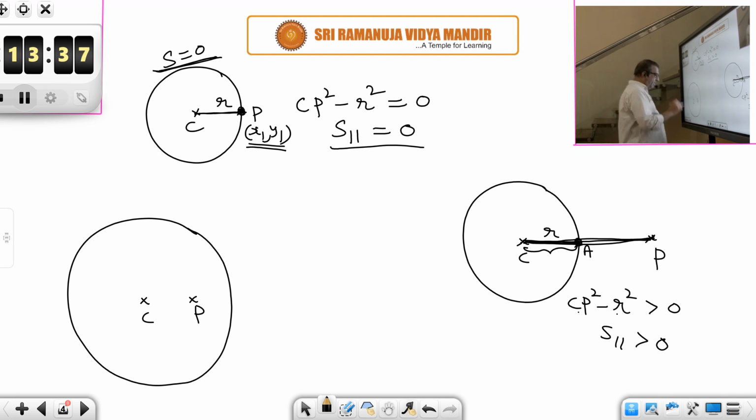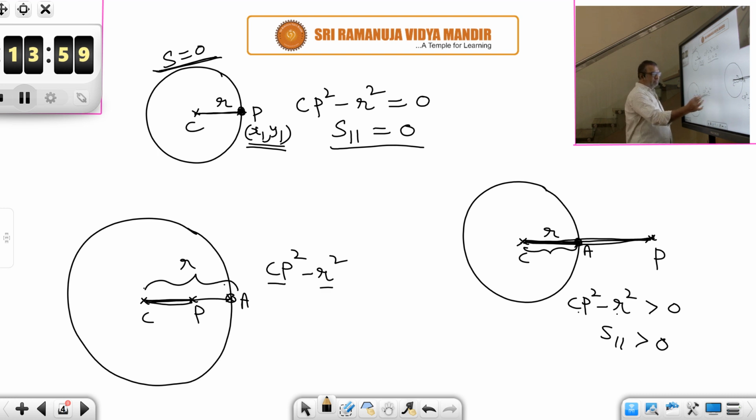And if the point P is inside the circle, what happens? Cp is this one only, whereas the radius is up to here. Ca is radius, is it not? Up to here it is radius, Cp is less. So what happens for Cp square minus R square? Cp is up to here only, less, and R is more.